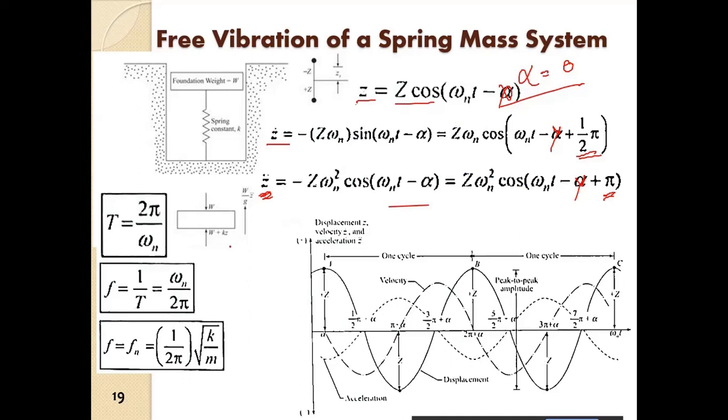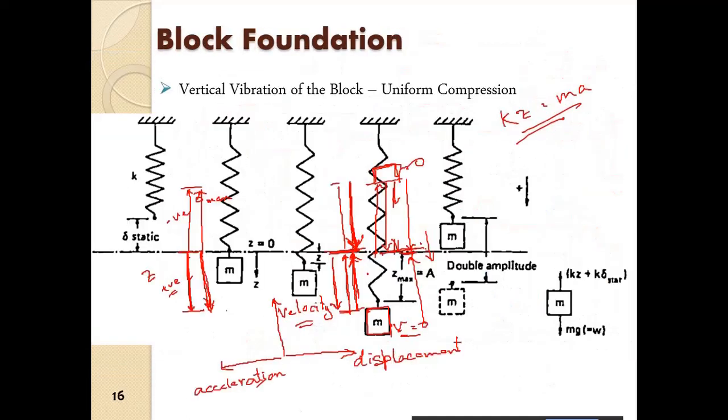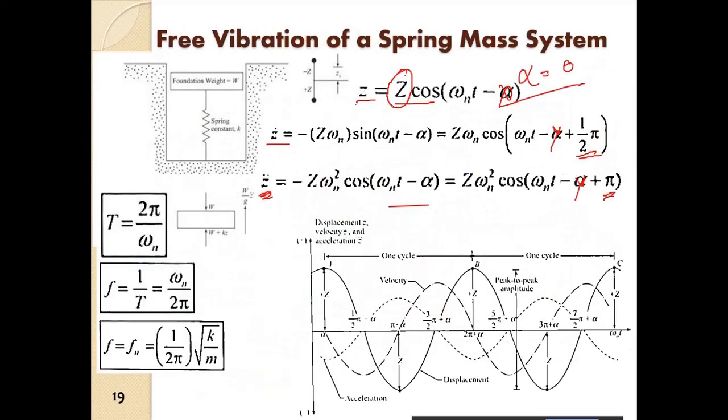And what about the amplitude? The amplitude of the displacement is Z, that we know, because here the amplitude was given, that is the Z max. So that is the amplitude, capital Z in this case. Now when we differentiate it, dz by dt is equal to the velocity v.